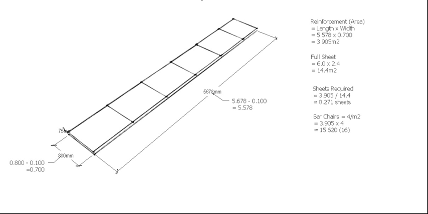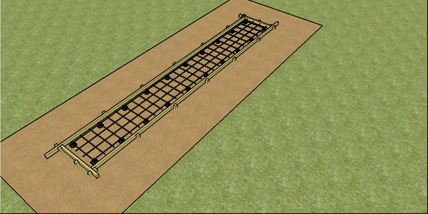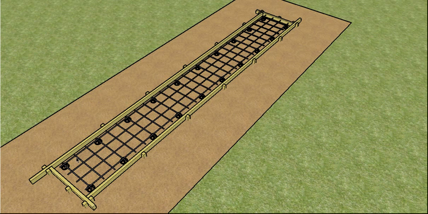The next thing is bar chairs. In a previous picture, here we go, you'll see I've got bar chairs roughly every third square, and each of these squares is generally 200 mil, so it's about every 600 millimeters apart.